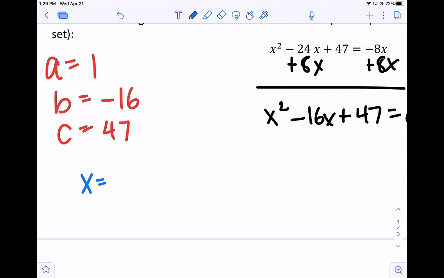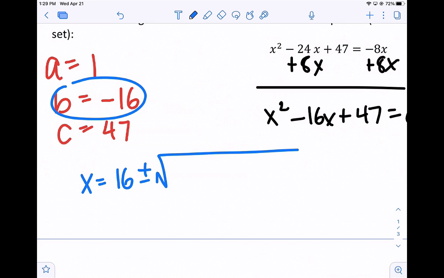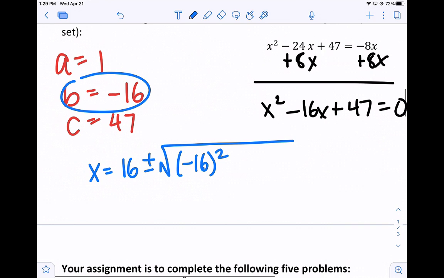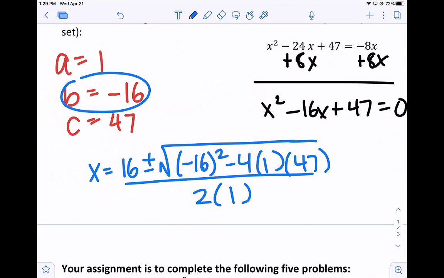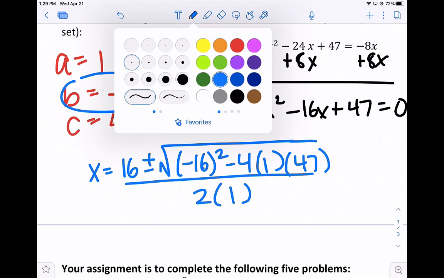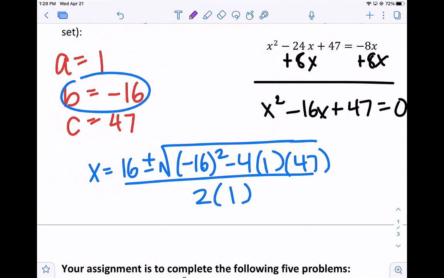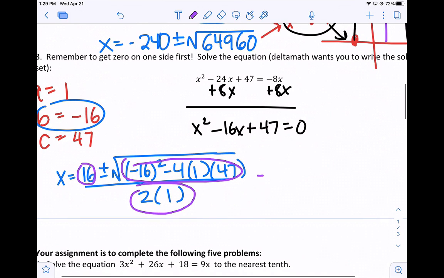So x equals opposite b, and here b is negative, so now it's positive, plus or minus the square root of b squared, notice I'm using parentheses when I square that negative 16, minus 4 times a times c, all over 2a. And again, I do want you to calculate these numbers separately so that when we type it into our calculator, we make less of an error.